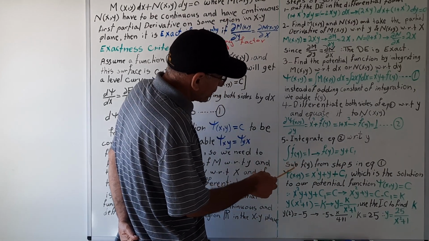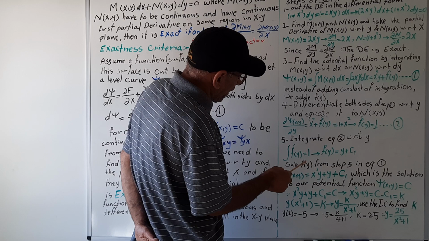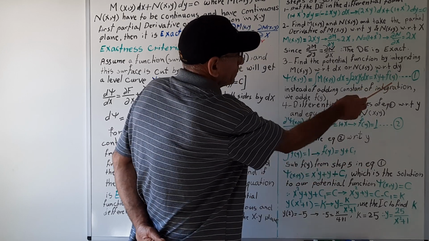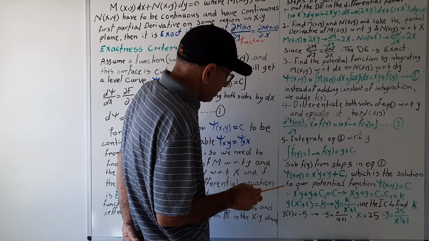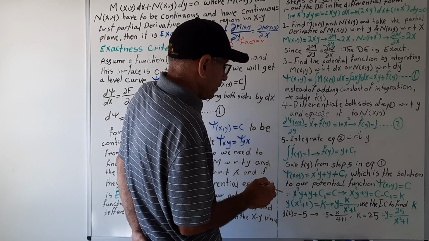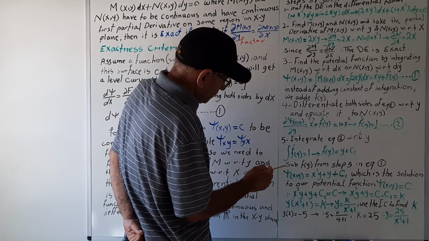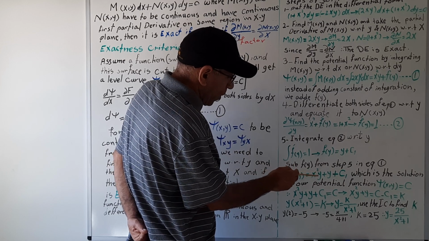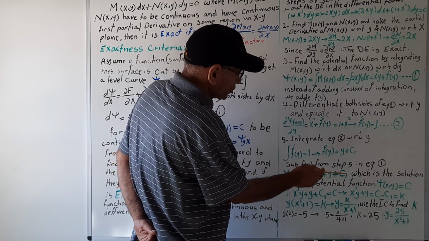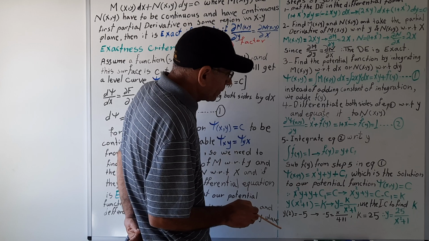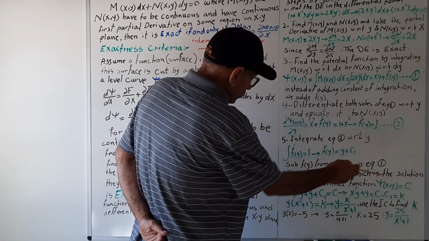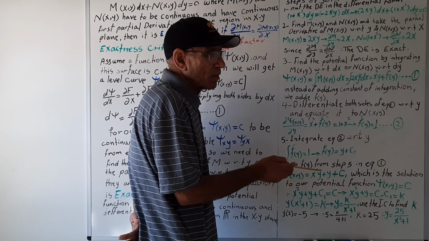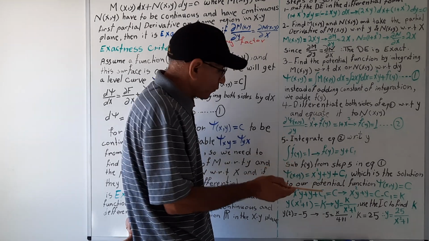So now we substitute f of y from step 5 in equation 1. Psi of x and y equals x squared y plus c1, which is the solution to our potential function, our original function that we are trying to find.